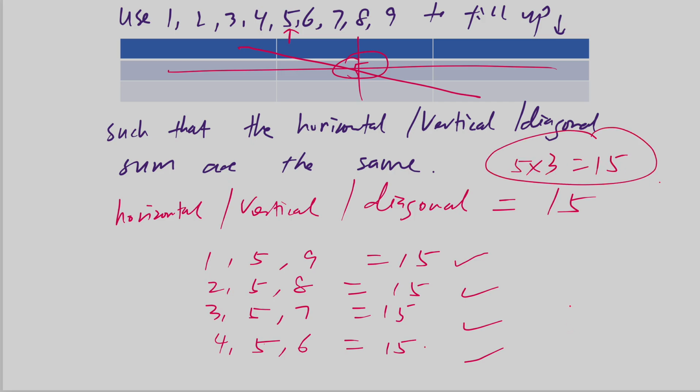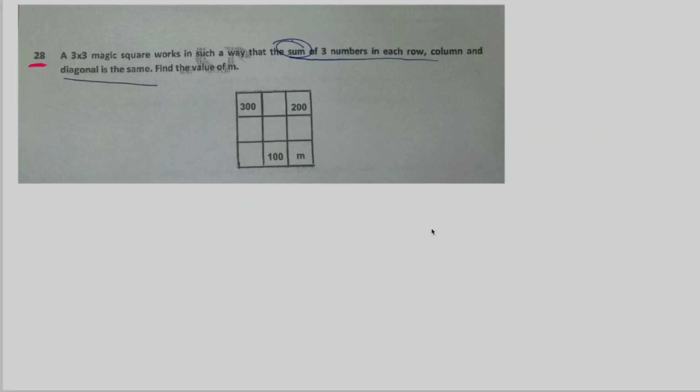So I'm going to use this idea to solve this question. If I put x here, the sum of this diagonal, 300 plus x plus m, should be 3 times x.